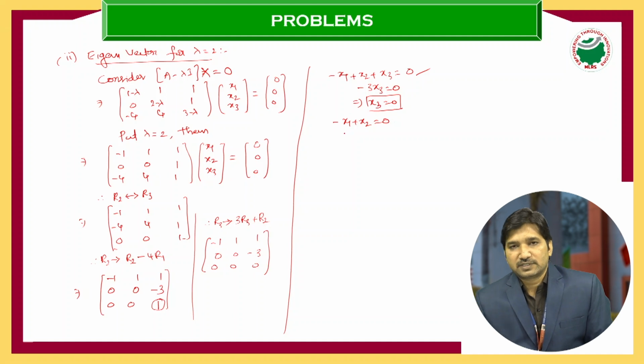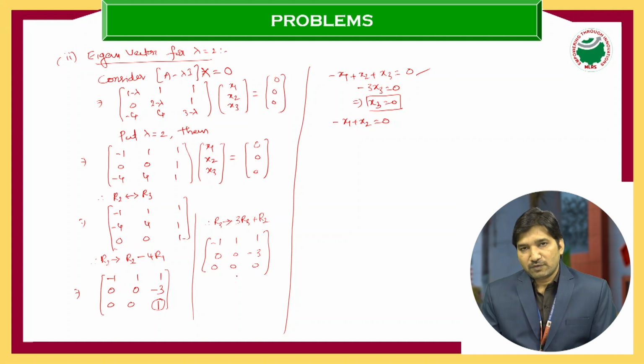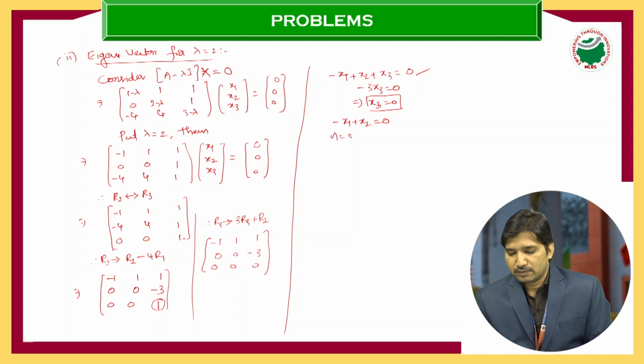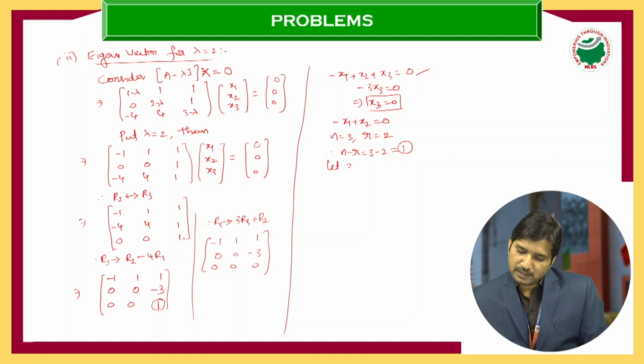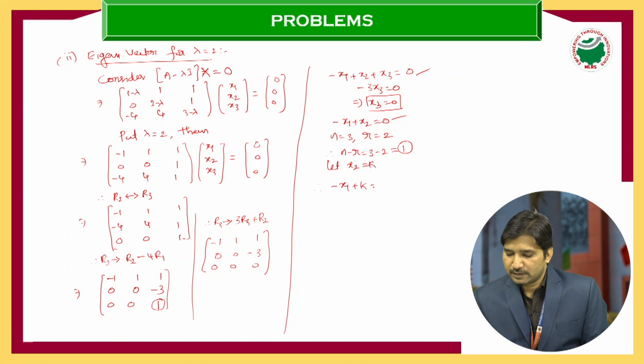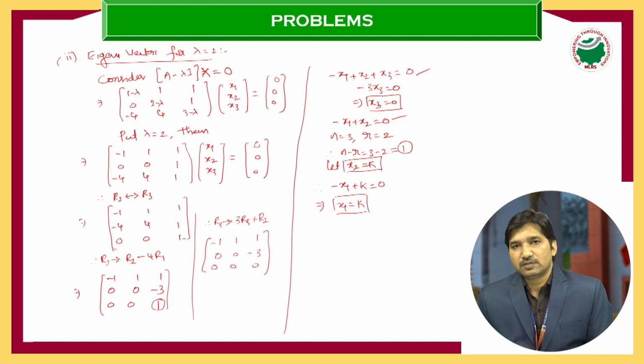The number of variables is n equal to 3, rank equal to 2, so the number of independent variables is n minus r equal to 3 minus 2 equal to 1. Let x2 equal to k. Then minus x1 plus k equal to 0, which implies x1 equal to k. So x1 equal to k, x2 equal to k, x3 equal to 0.